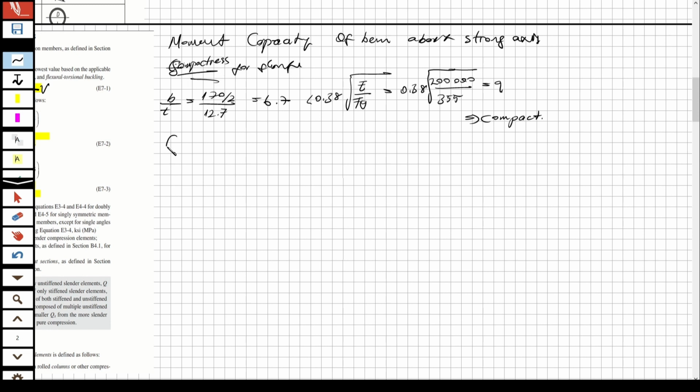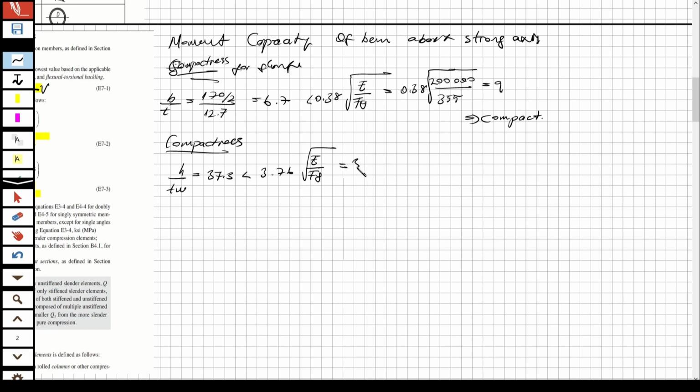So let's calculate the compactness for the web part. For the web part, it's going to be H over TW, the thickness of the web, smaller than 3.76 multiplied by the square root of the modulus of elasticity over the design strength of steel.